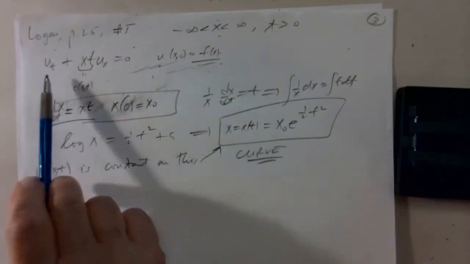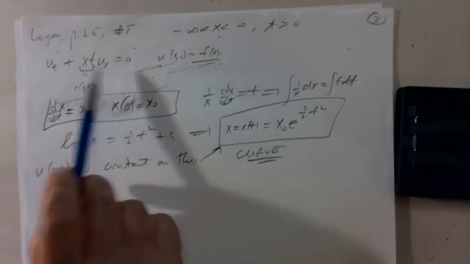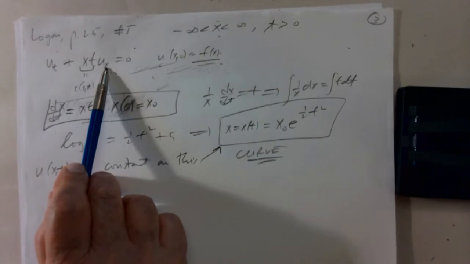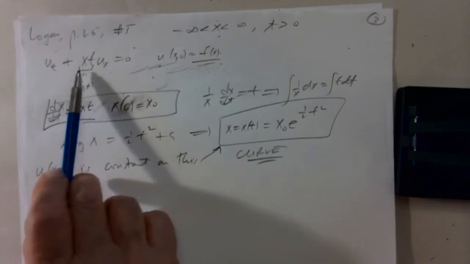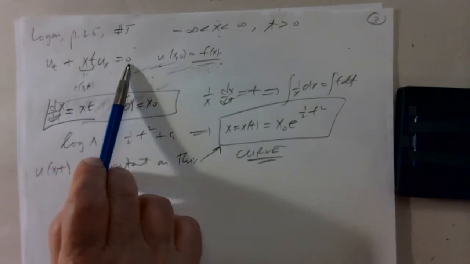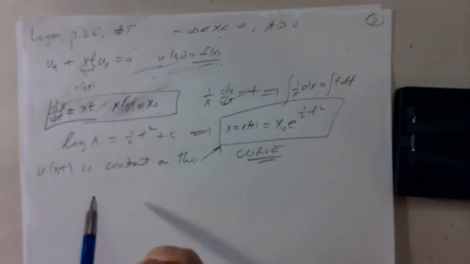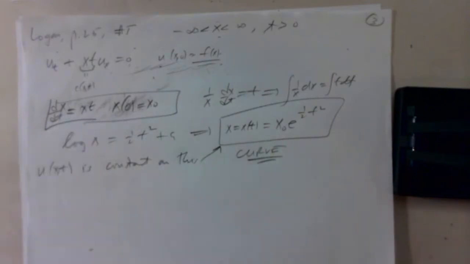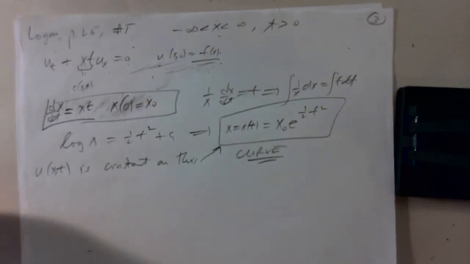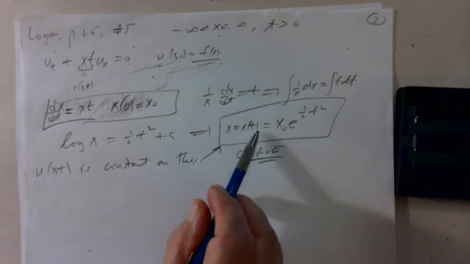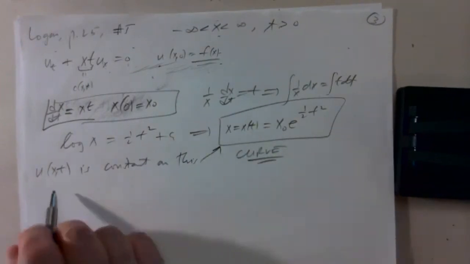So I have this first order partial differential equation, partial of u with respect to t, partial of u with respect to x. It's linear. This is a function of x and t, but not of u. It's homogeneous. This is 0. And the method of characteristics means you're going to find a certain curve, the so-called characteristic curve, on which u of x, t is constant. I claim u of x, t is constant on this curve. So what does this mean?